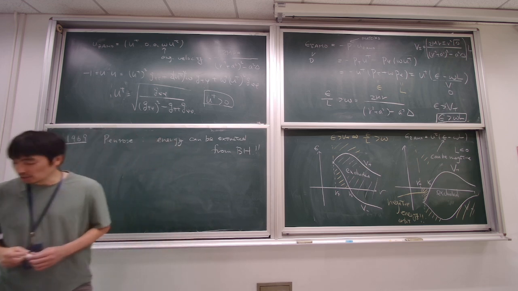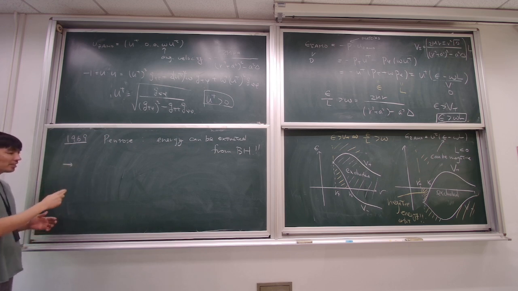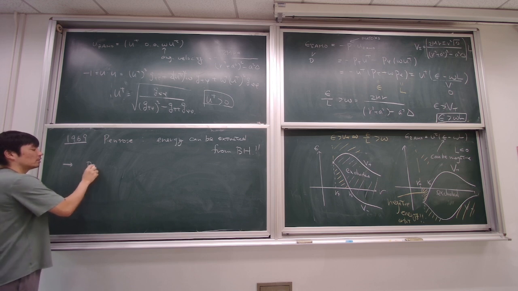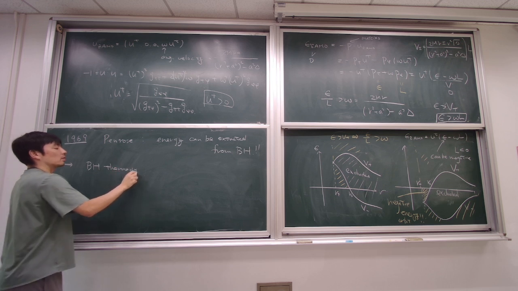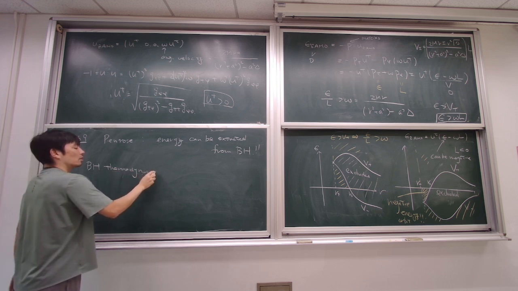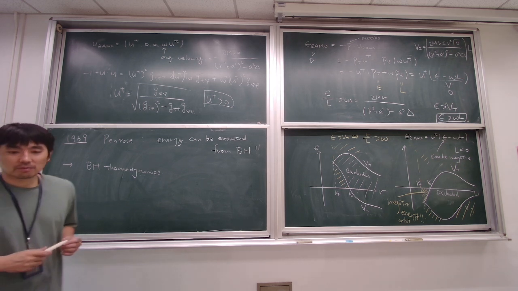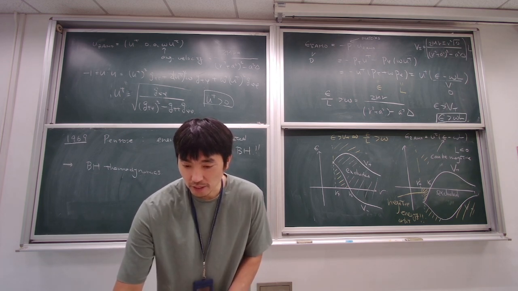This is called the Penrose process for a Kerr black hole, and from there we can take a glimpse of black hole thermodynamics. That's what I'm going to explain from now on, but let's take a break for 10 minutes or so.